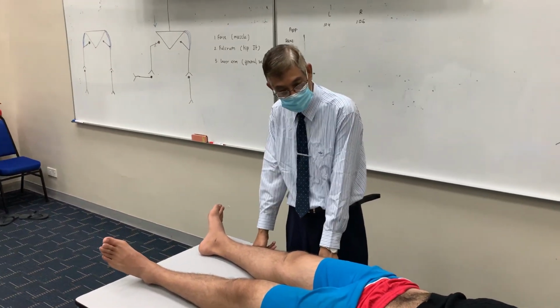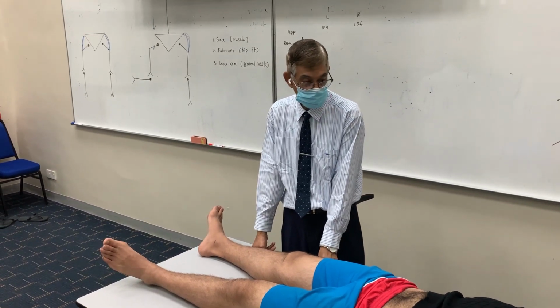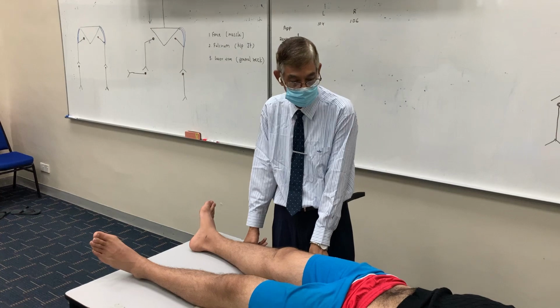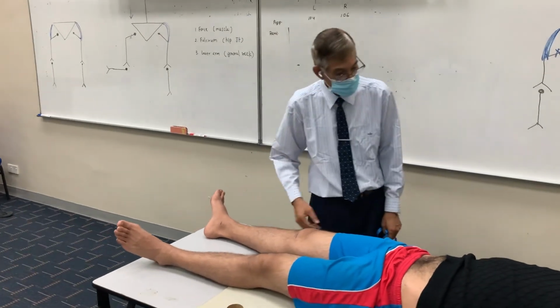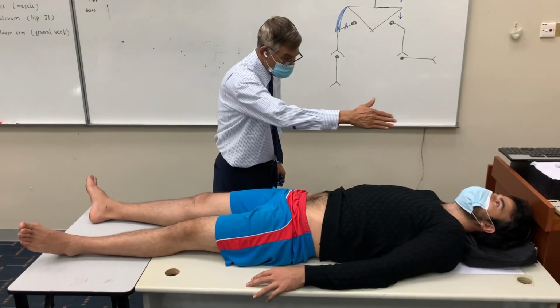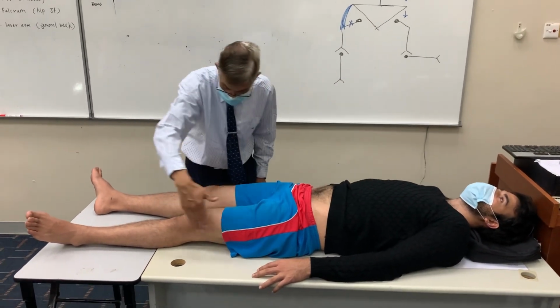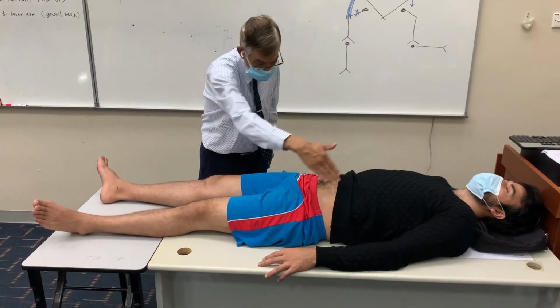Then, you have to do the real length. Before you do the real length, you must adjust the patient's position. The long axis of the body must be along the long axis of the bed.